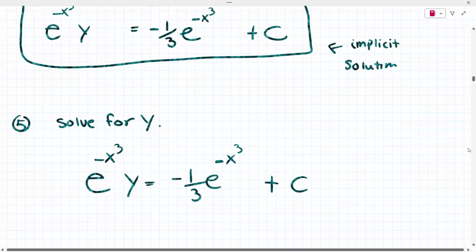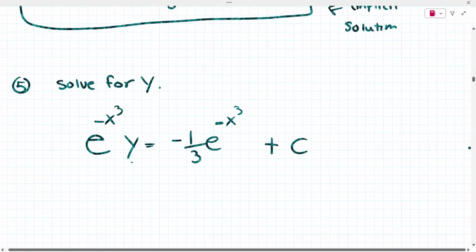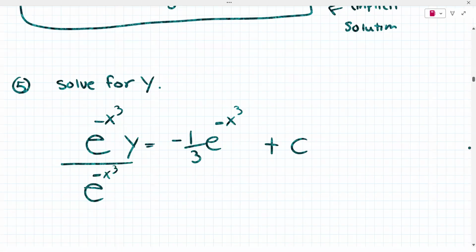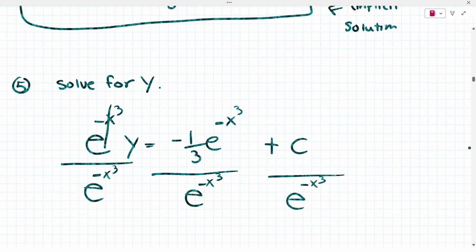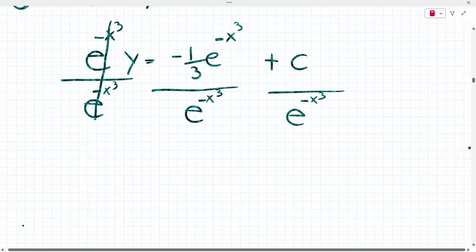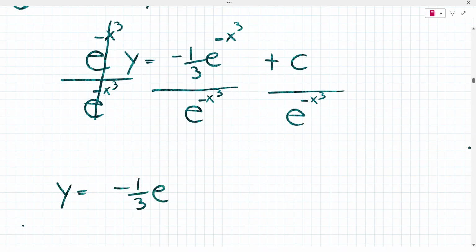Okay, so how would you do it? You would divide everything by e to the negative x cubed. So this cancels, and then you're left with y equals negative 1/3 e to the negative x cubed.